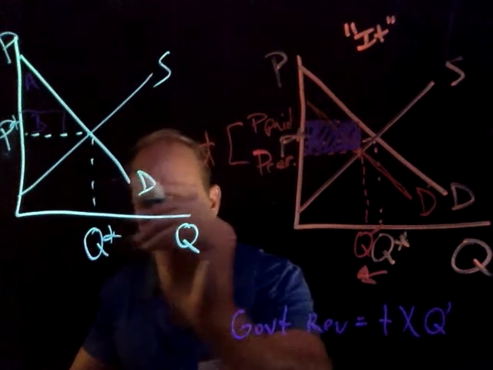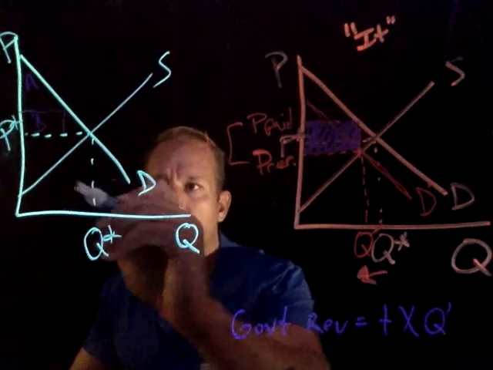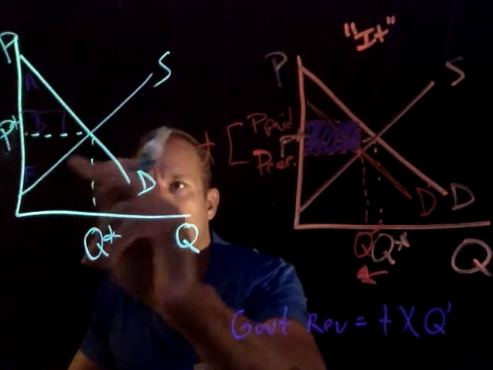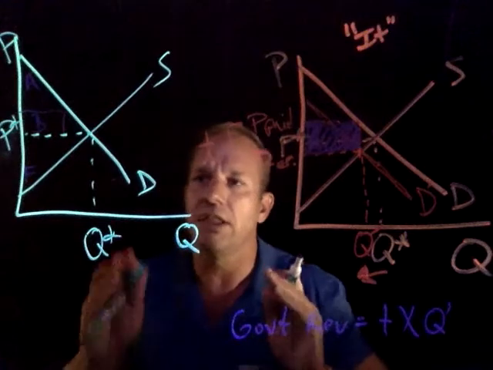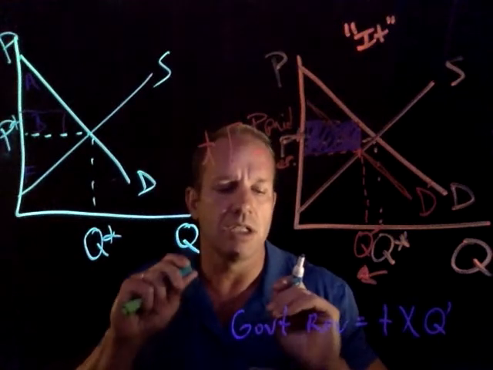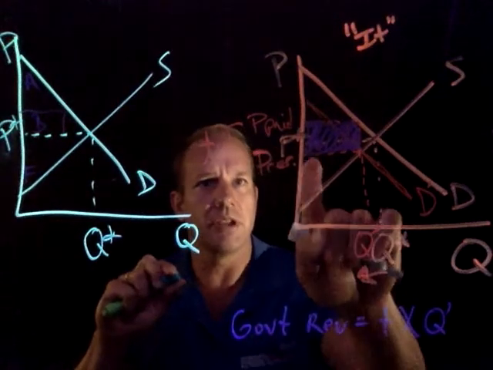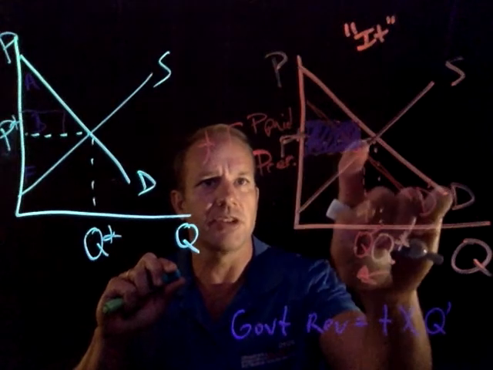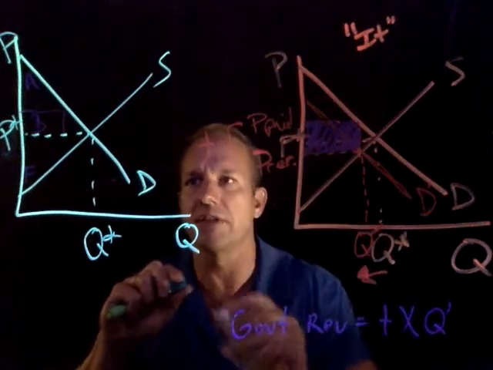In this picture, down here, let's call it F, this whole triangle is and was seller surplus. But now the government has taken some seller surplus in the lower portion of this rectangle over here.